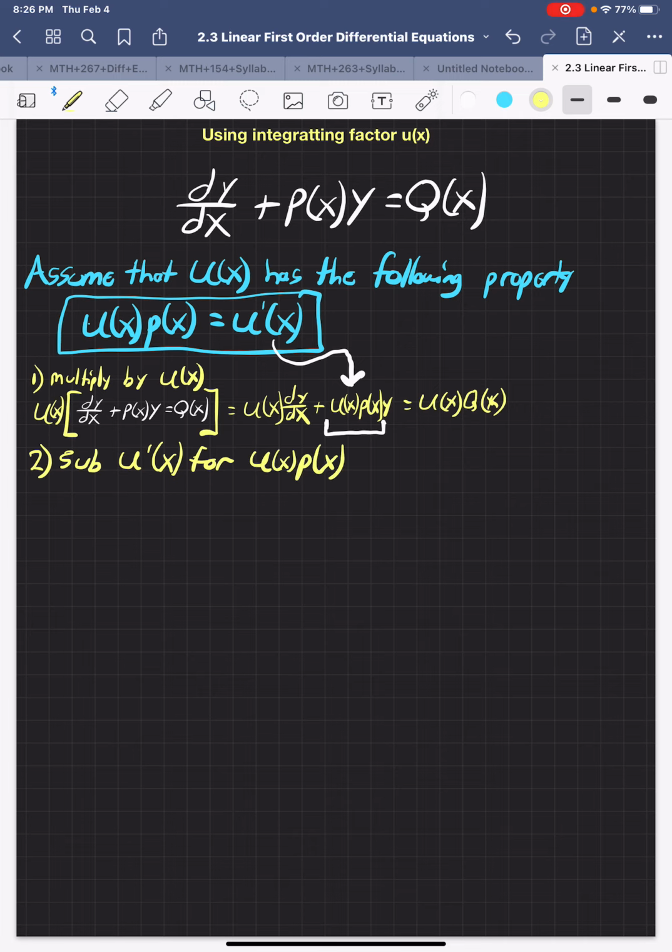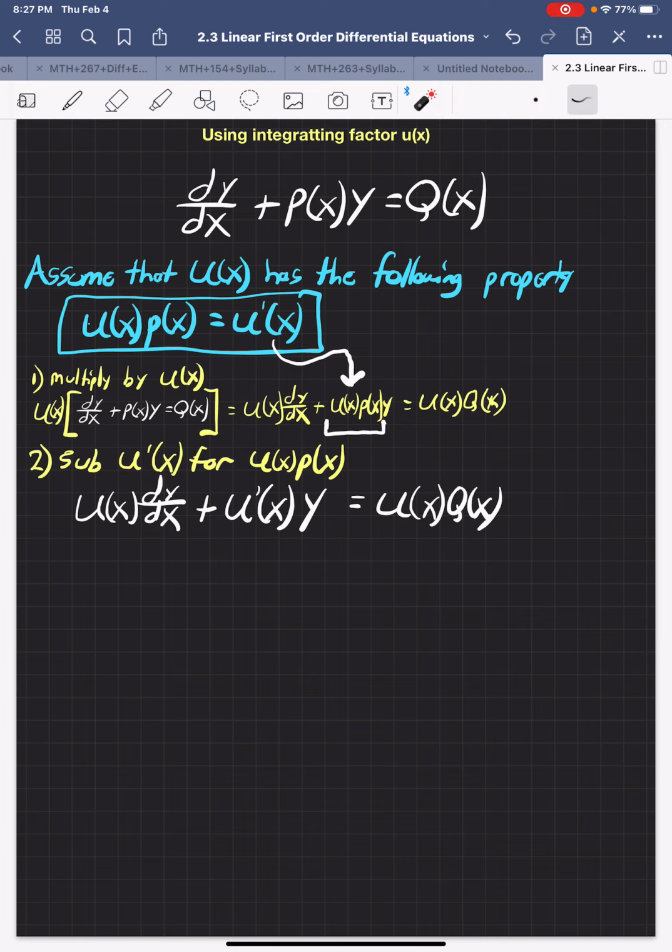Okay, let's rewrite that. So now we have u of x dy dx plus u prime of x y is equal to u of x times q of x.